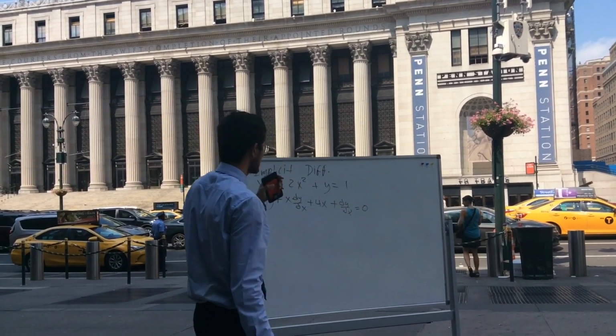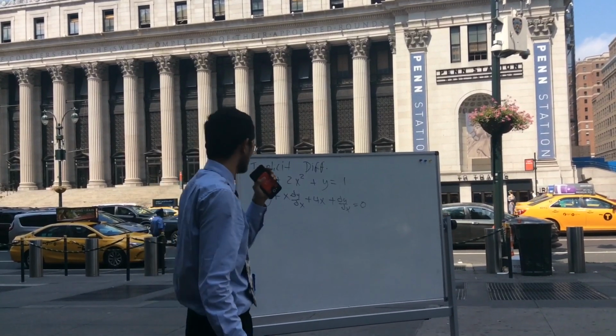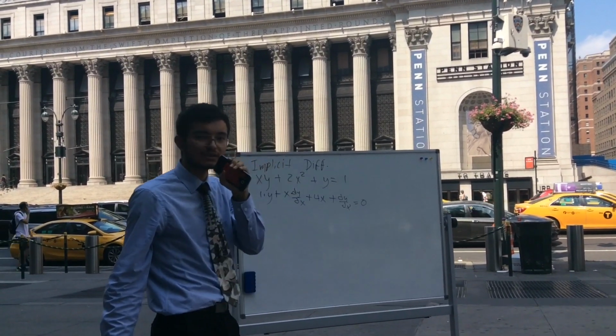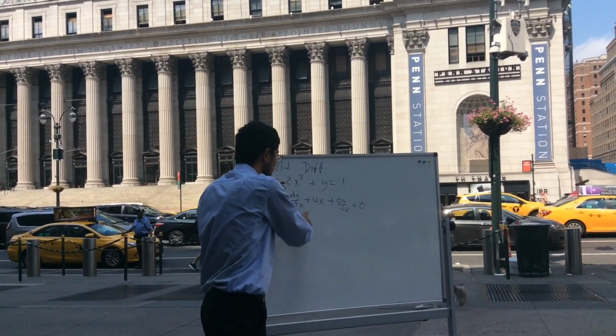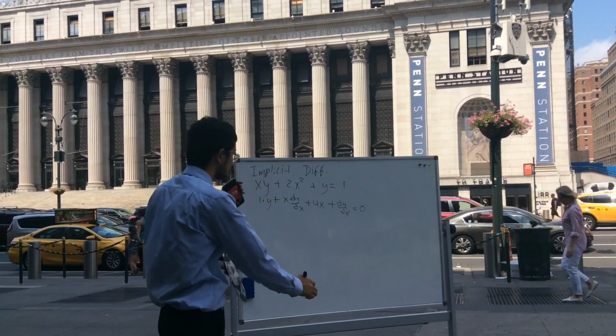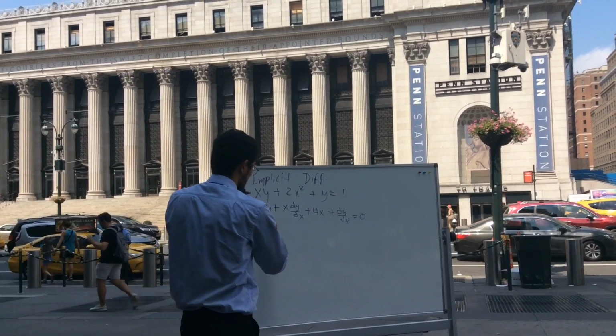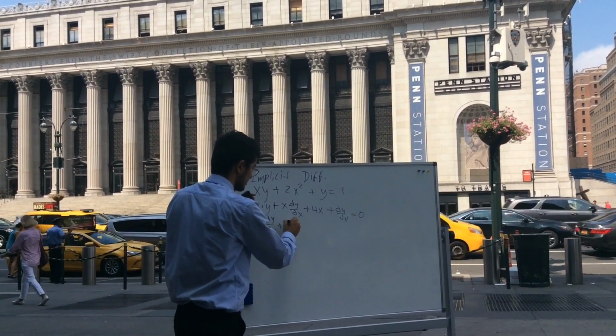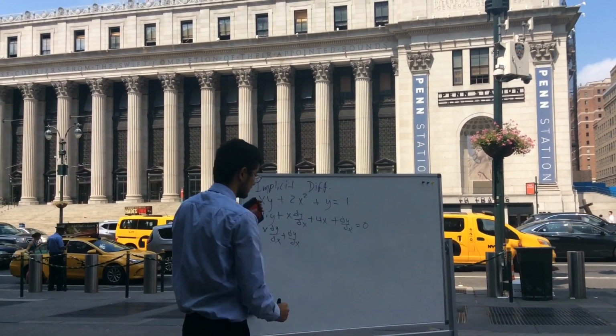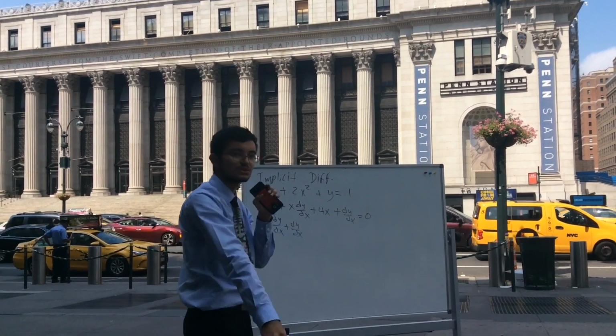So now what we have to do is factor all of the derivatives that are located in this equation. So all we have to do is bring those terms together. So we bring x dy over dx plus dy over dx together, and then we bring everything else to the other side.